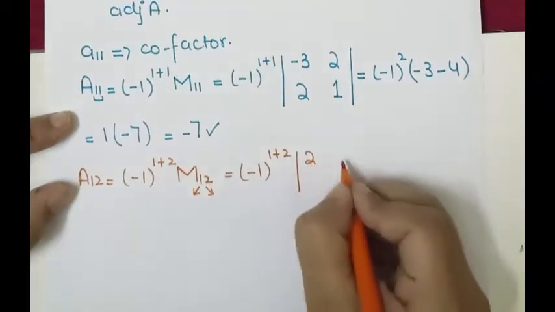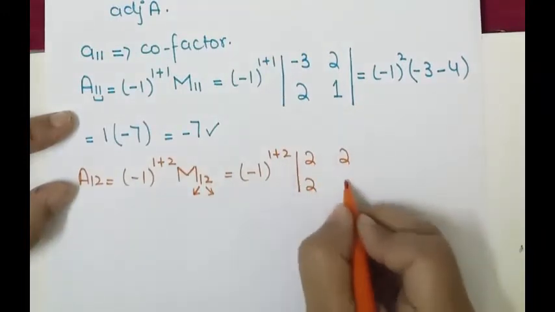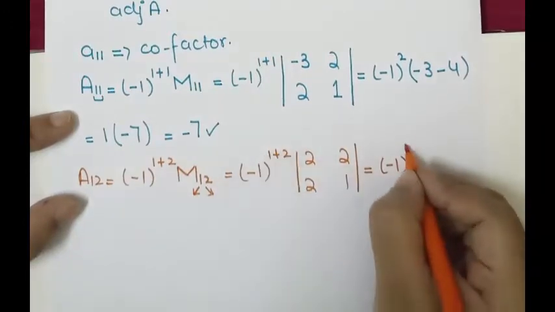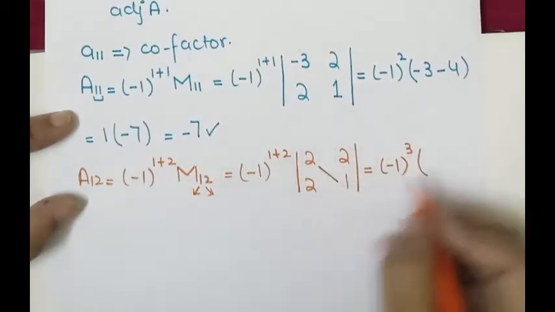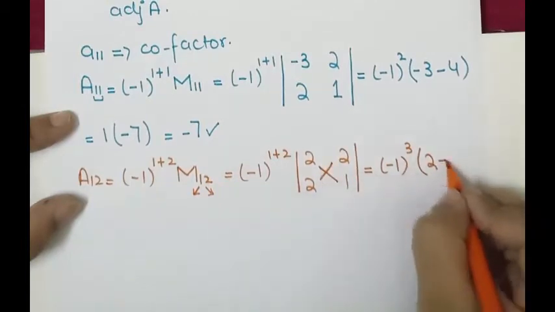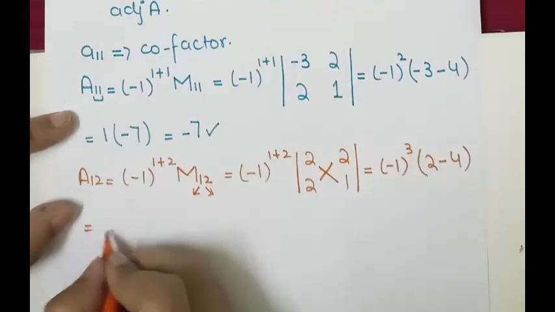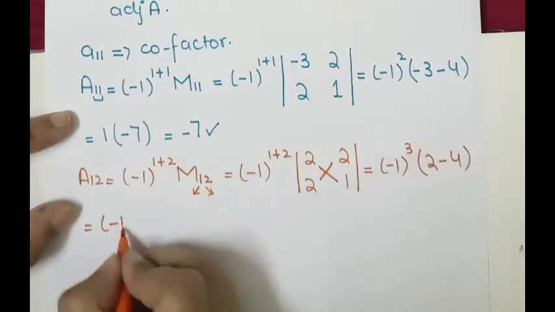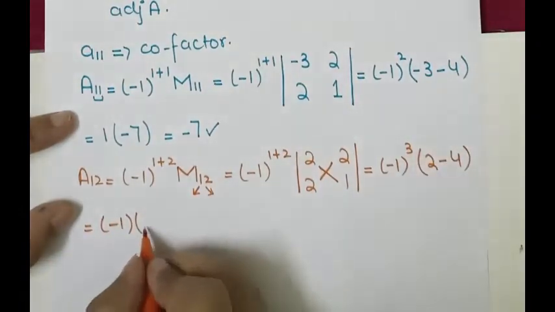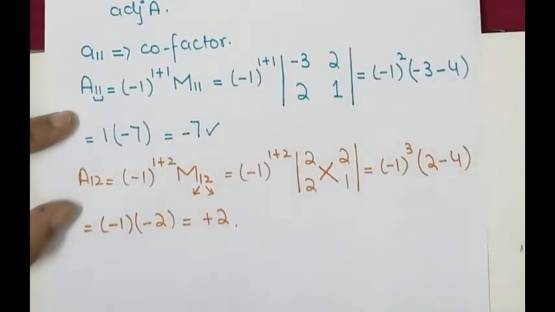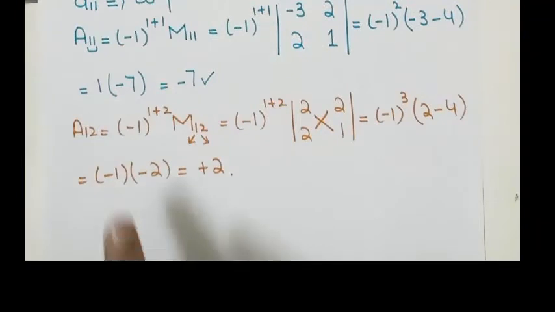We have 2, 2, 2 and 1. This is equal to -1 to the power 2 plus 1 is 3, and 2 1 times is 2, minus 2 2 times is 4. -1 cubed is -1, 2 minus 4 is -2. Minus minus is plus, and 1 2 times is 2. So this is the minor of A12.